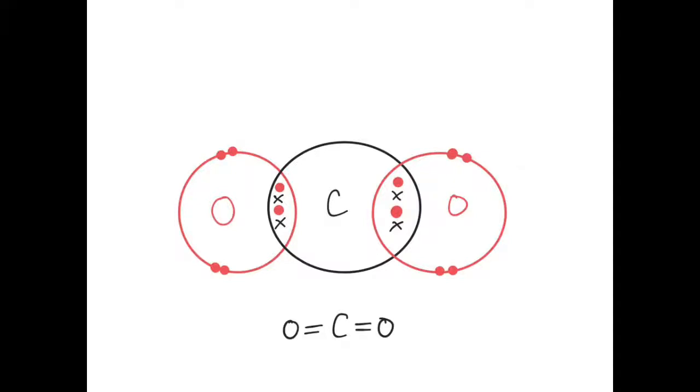So carbon has shared 2 electrons with the right-hand oxygen, and it's gained back 2 electrons from the right-hand oxygen. Carbon has shared 2 electrons with the left-hand oxygen, and it's gained back 2 electrons from the left-hand oxygen.